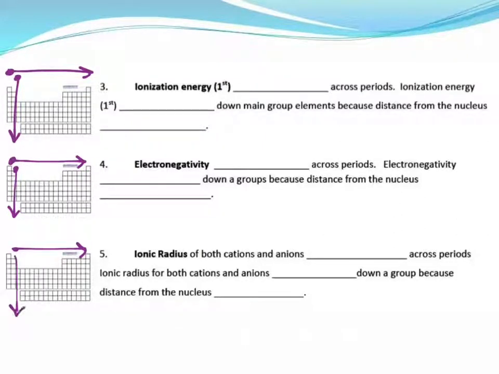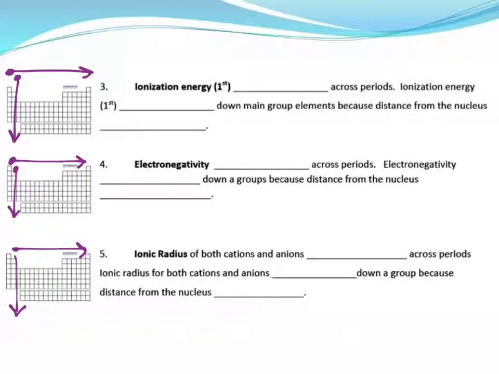On your matching, what is ionization energy? Energy required to remove the most loosely held electron. So, ionization energy: the amount of energy required to remove that loosely held electron.